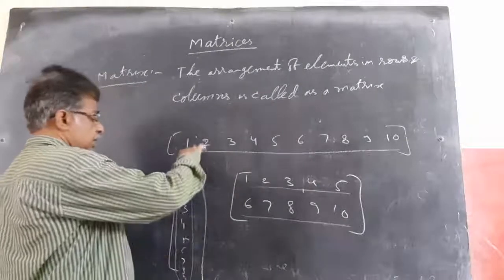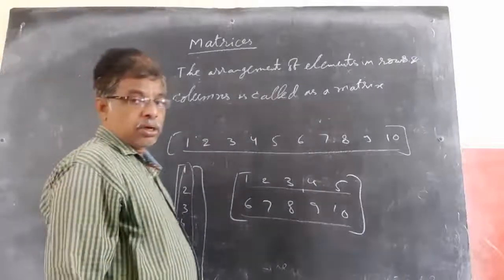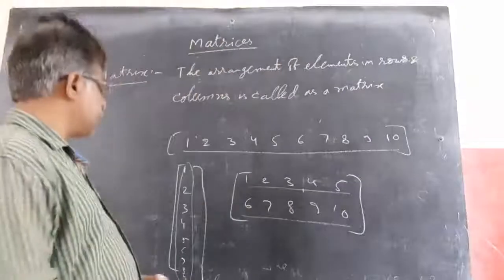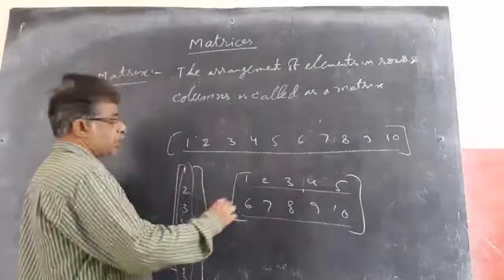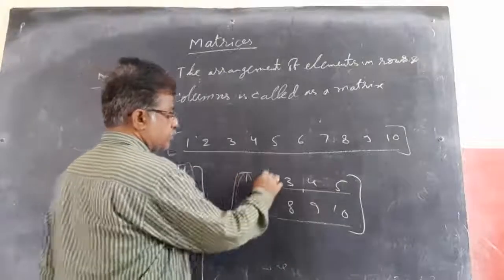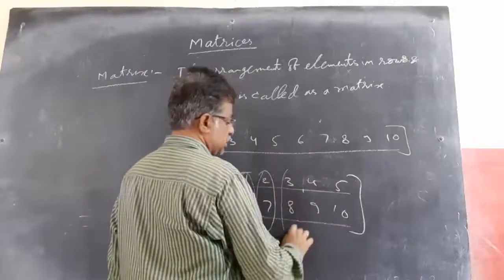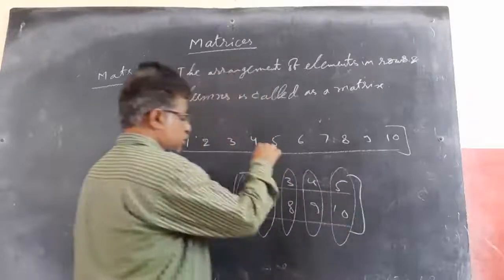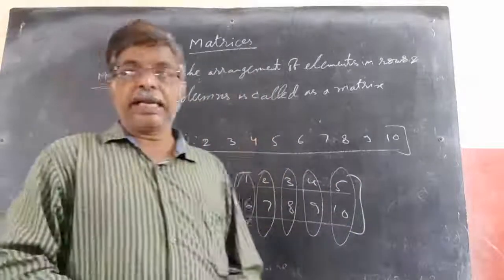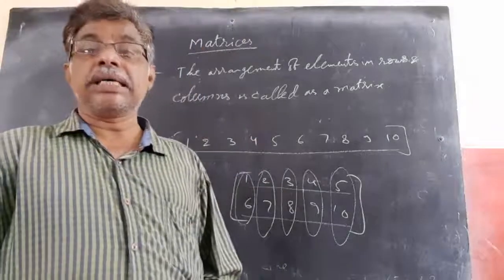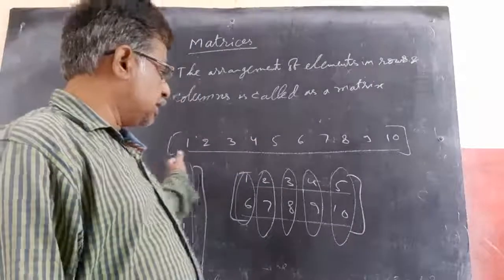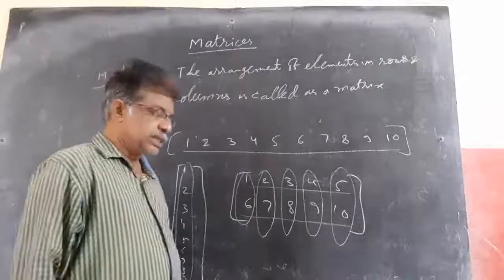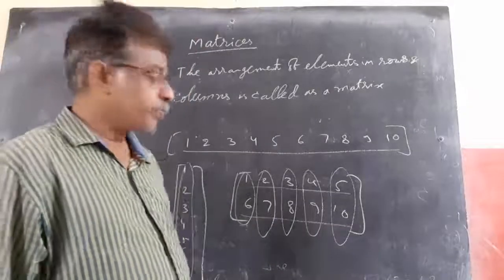This is one column, this is the second column, this is the third column, this is the fourth column, this is the fifth column. So vertical arrangements are called columns and horizontal arrangements are called rows.